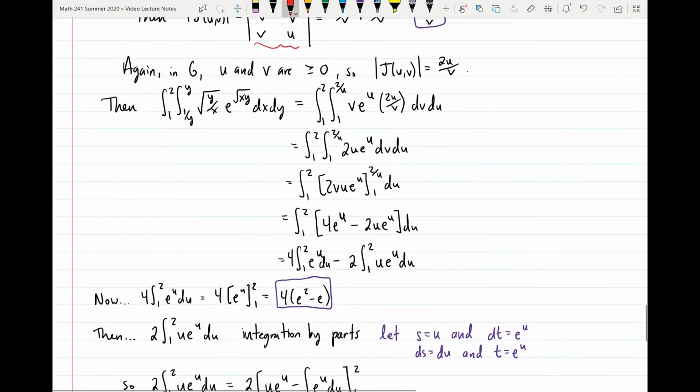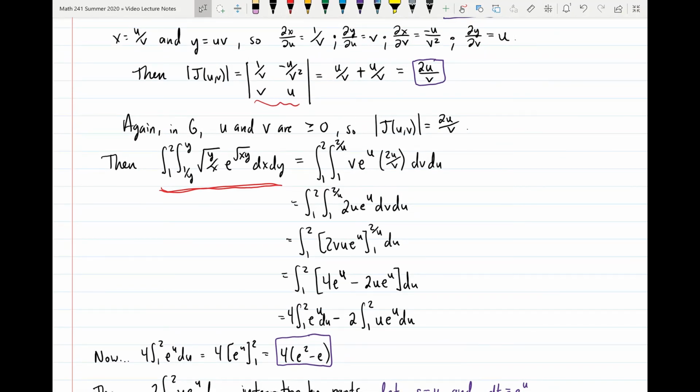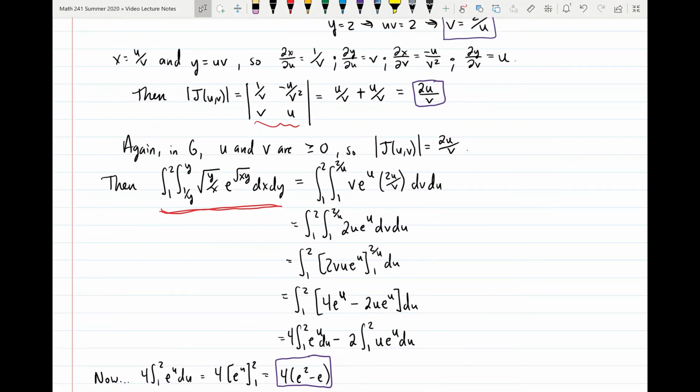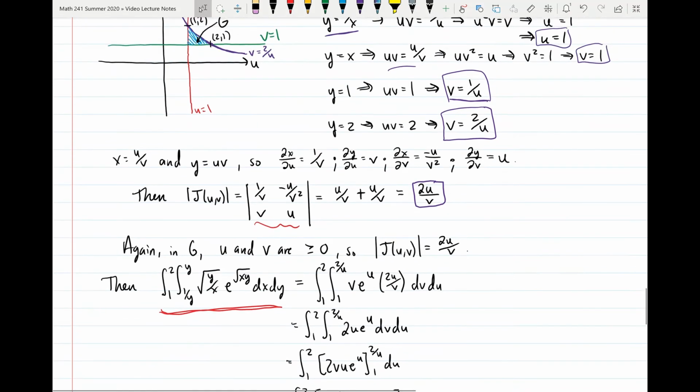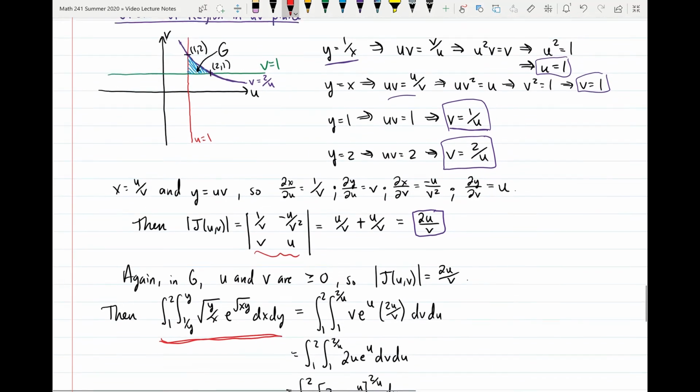And finally, we can rewrite the integral from the beginning of this problem here. So we have this integral that was originally given to us, and now we want to rewrite it in terms of u and v and the region G in the UV plane. Okay, so we are going to integrate with respect to v first and with respect to u second.